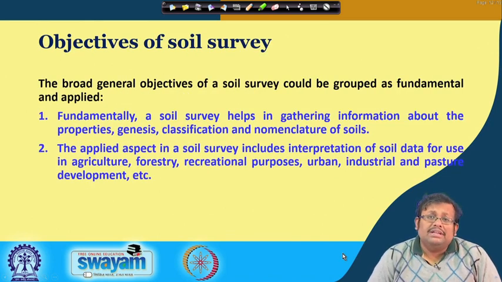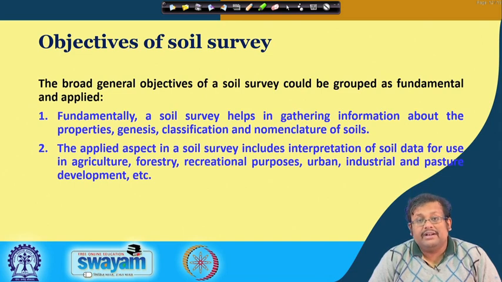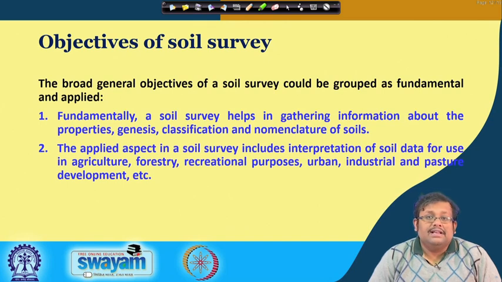So the broad general objectives of soil survey could be grouped as fundamental and applied. First of all, let us see the fundamental objective. Fundamentally, a soil survey helps in gathering information about the properties, genesis, classification and nomenclature of the soil.